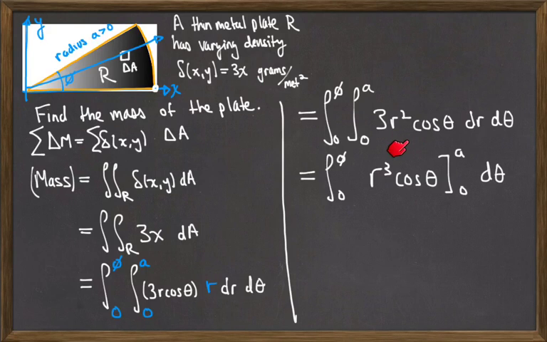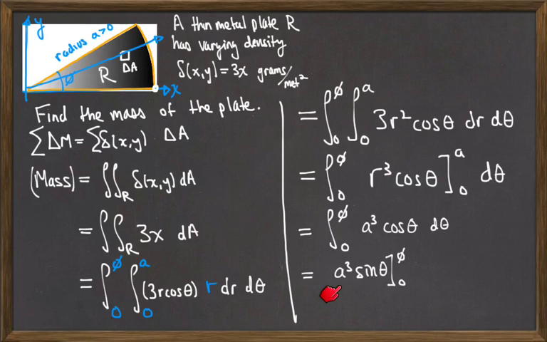The cosine of theta is constant in this integral, so it's just going to be there as a multiple. I need to evaluate that between 0 and a, and I'm going to plug that in for r, so it'll be a cubed minus 0 cubed. I won't see that term, so a cubed cosine of theta. A is just a constant here, so I'm really just integrating cosine of theta and multiplying the result by a cubed.